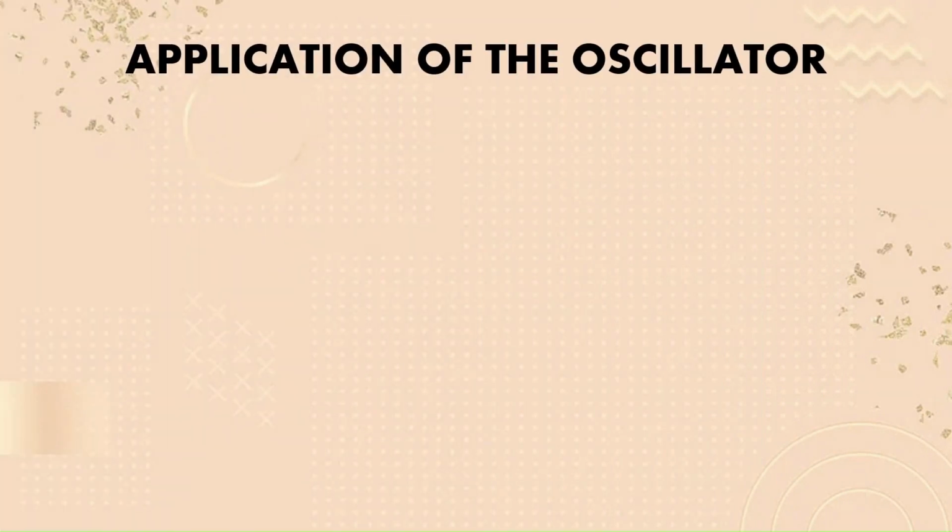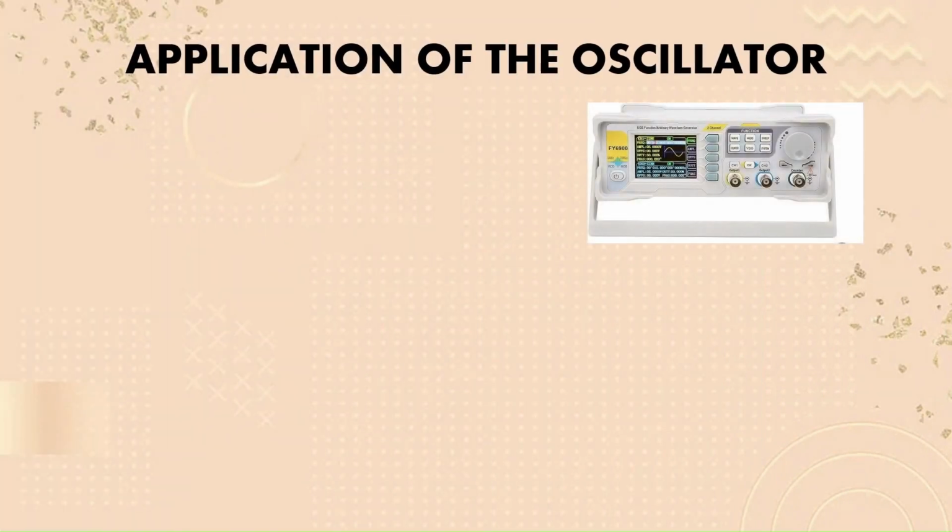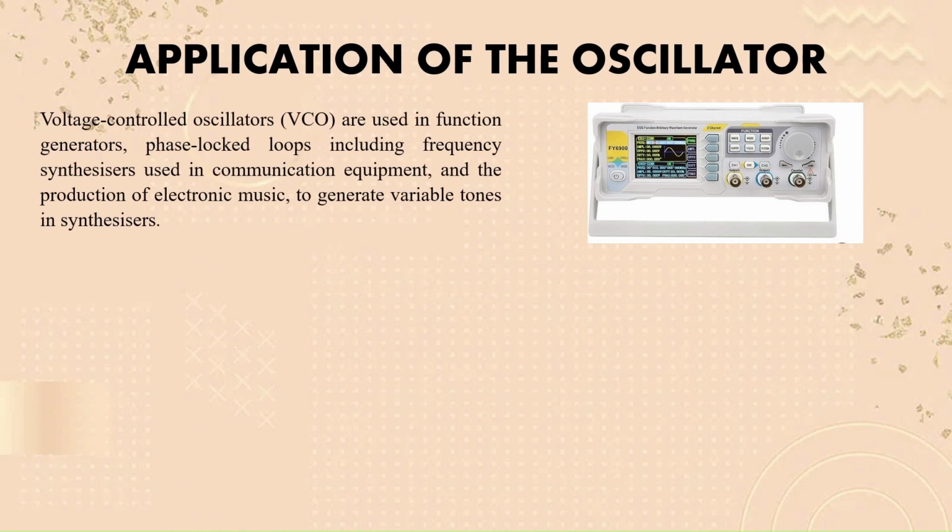Next, what are the applications of the oscillator? VCOs are used in function generators, phase lock loops including frequency synthesizers used in communication equipment, and the production of electronic music to generate variable tones in synthesizers.